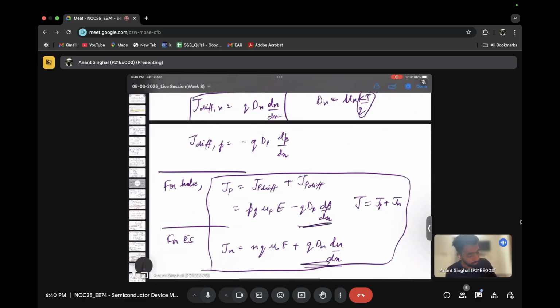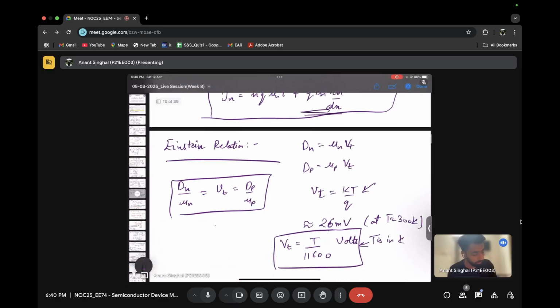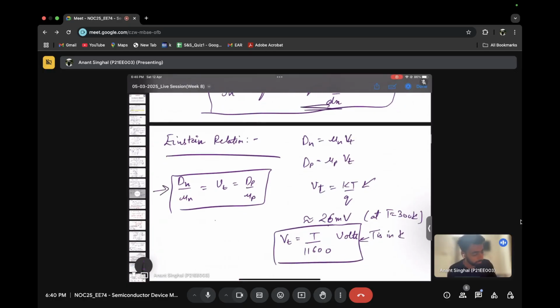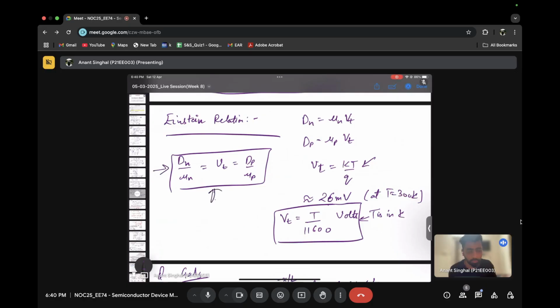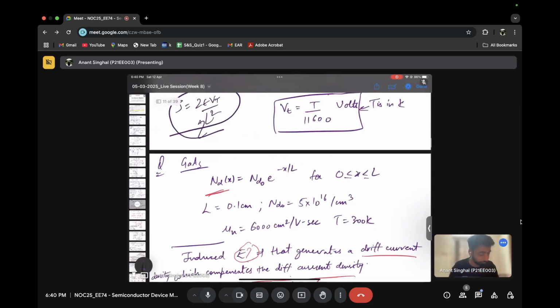The total will be Jp plus Jn, the overall total current density for a device. We covered the Einstein relation also, which is very important to solve some of the problems. Yesterday we solved one of the problems using this, in which we found rho to be something like 2. So this is again very important.